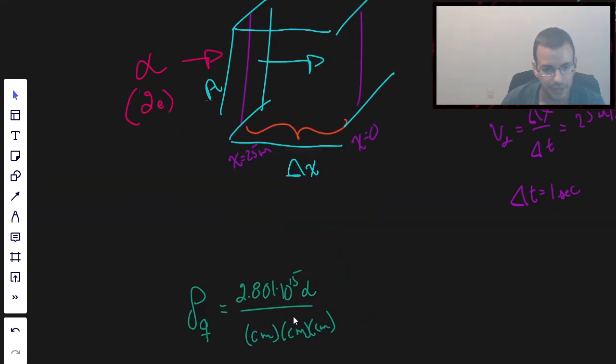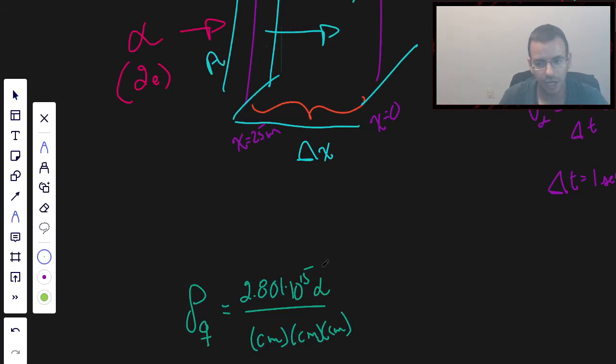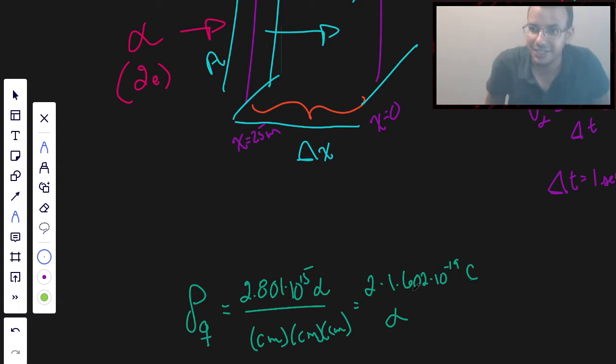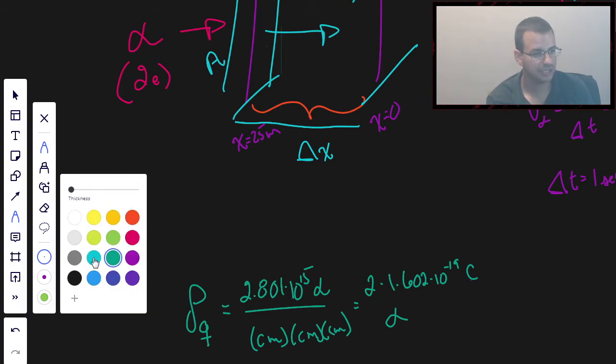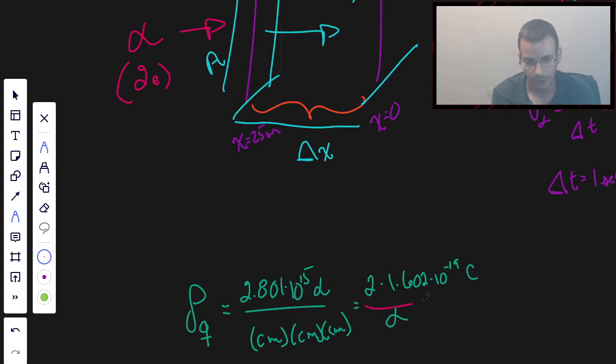All right, so now we want to convert this over to coulombs. One alpha particle is 2 electron charges, so it's going to be 1.602 times 10 to the negative 19th coulombs. The charge of an electron is negative 1.602 times 10 to the negative 19th coulombs, and the positive version of that is for the proton. A helium nucleus has 2 protons, therefore we multiply by 2.